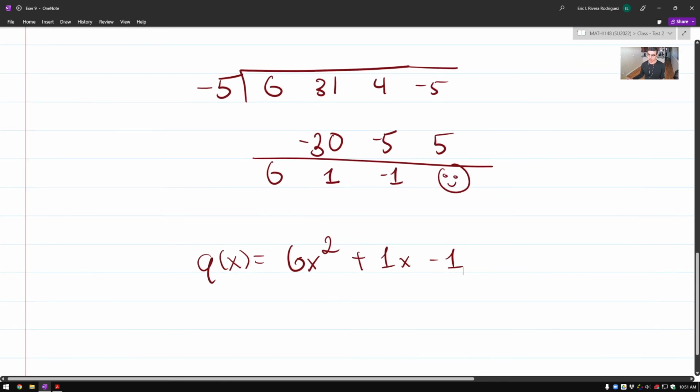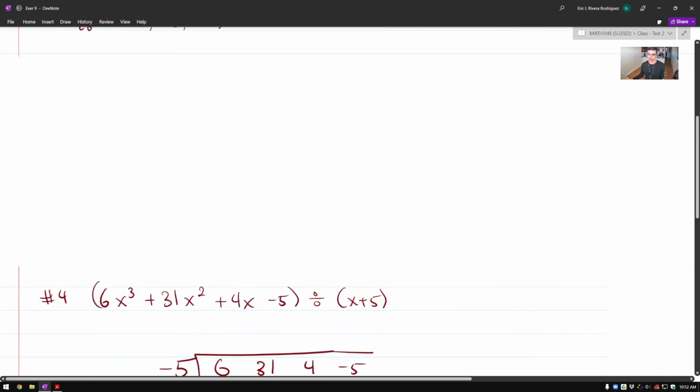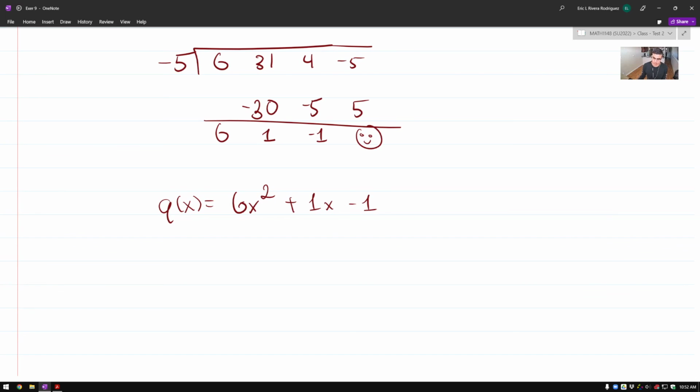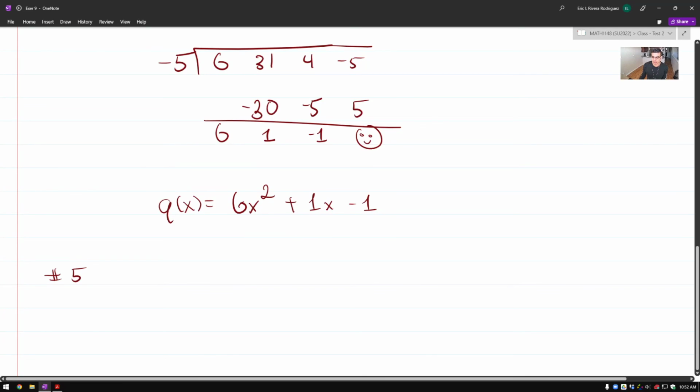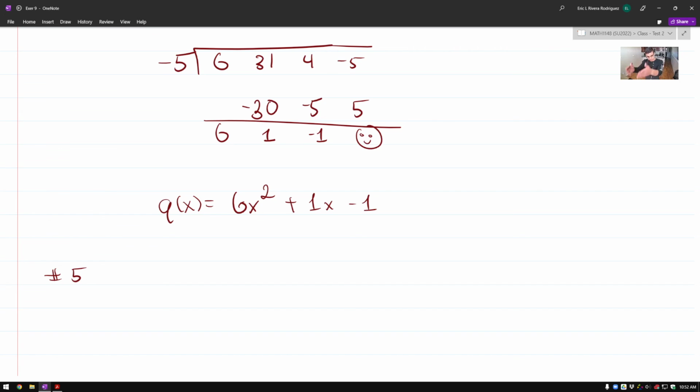Once we arrive at degree 2, what we are going to do is find the 2 remaining zeros that are part of this quadratic equation, if they are real zeros. Sometimes they are not going to be real zeros, but this one is going to give us real zeros.